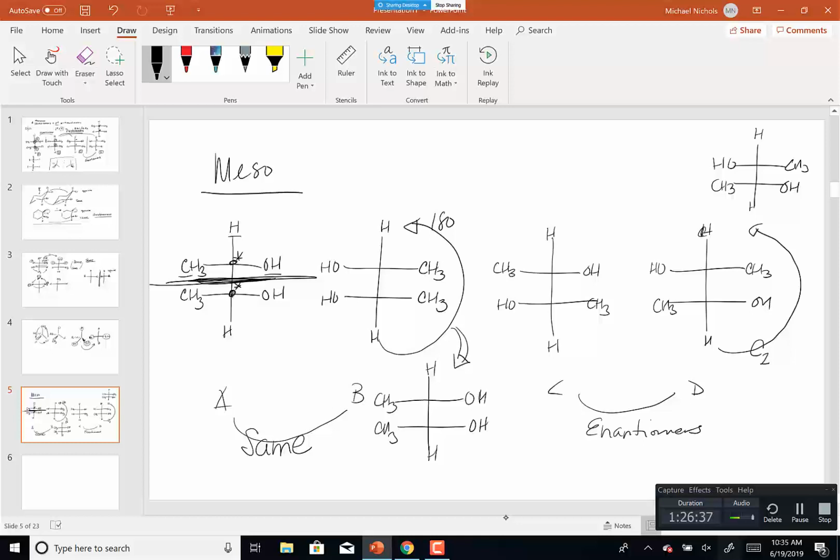But before I do that, does a meso compound rotate plane polarized light? It can be a rhetorical question that I will answer, but what do you think? Let me ask a second question.